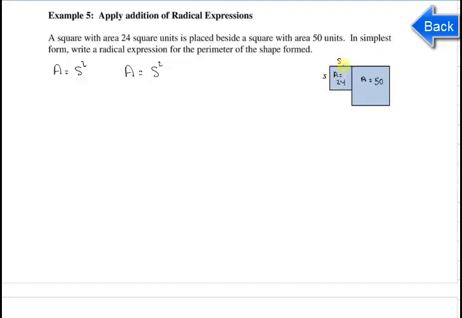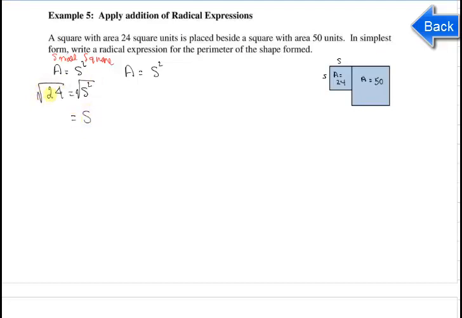Okay, so this will be for the small square. My area is 24, so I'm going to replace the a in the formula with 24. So I have 24 equals s squared. Now, in order to solve for s, I need to take the square root of both sides.